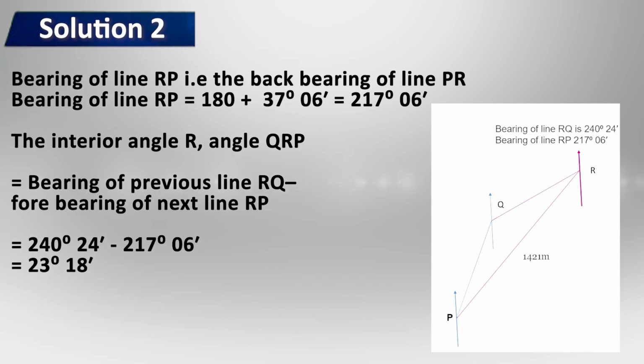So the interior angle R, that is angle QRP, will be calculated as bearing of previous line minus bearing of next line, which is 240 degree 24 minutes minus 217 degree 6 minutes, equal to 23 degree 18 minutes.